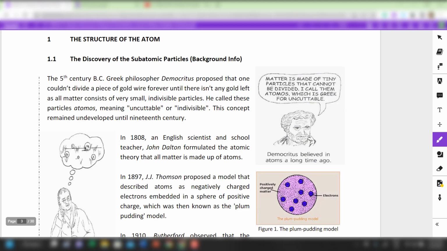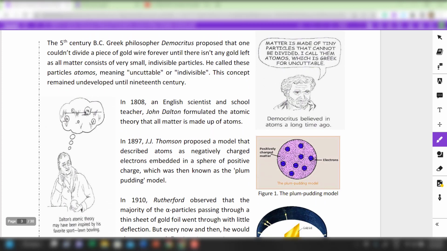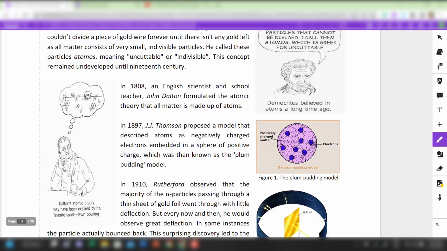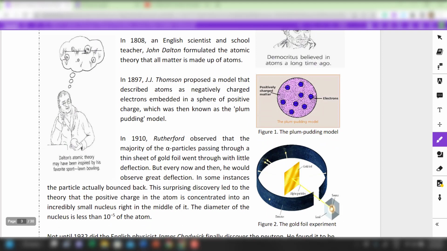Yeah, so if you're interested, you can go and look through the experiments by John Dalton on how he formulated the atomic theory, and also the plum pudding experiment by J.J. Thomson. So he actually proposed a model that described atoms as negatively charged electrons embedded in a sphere of positive charge.